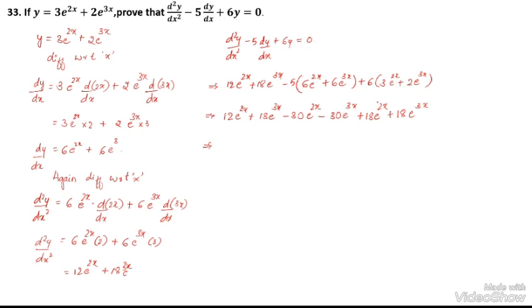While adding the equation, here there is a 12 e to the power 2x, and here there is a 18 e to the power 2x. While adding 12 plus 18, you will get 30 e to the power 2x. Here minus 30, these get cancelled. Again similarly, 18 e to the power 3x here, and here also 18 e to the power 3x.